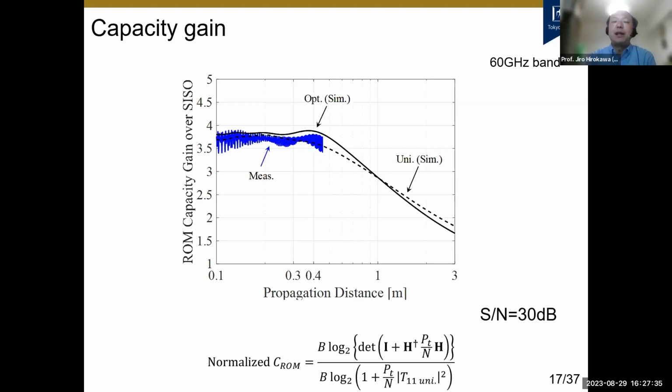So this multiple reflection causes the problem, and it should be suppressed by future study. But anyway, the measured capacity gain is larger than the uniform excitation case.